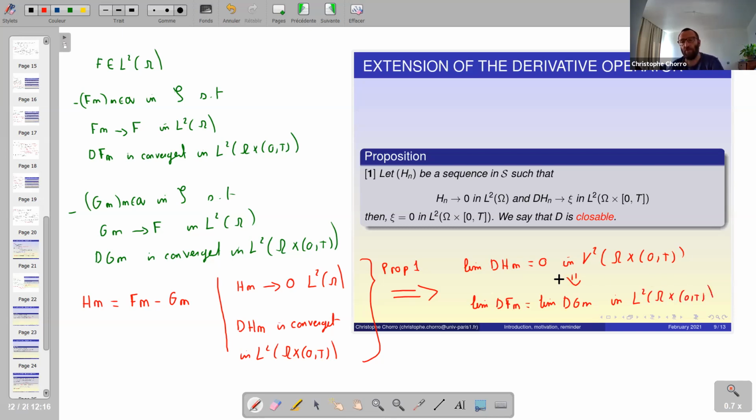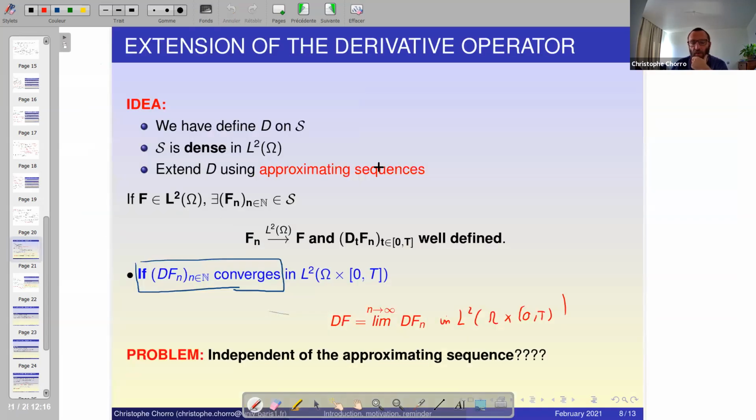So this proposition, if it is true, ensures that the way I have decided to extend my operator, using approximating sequences, is well defined.